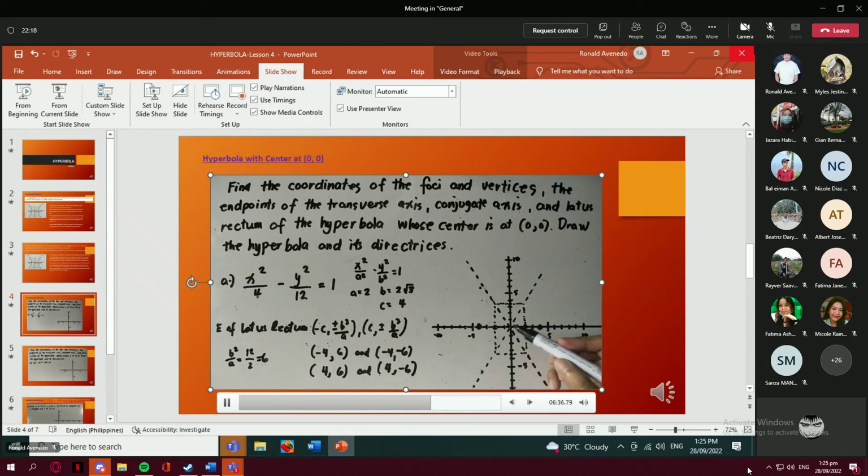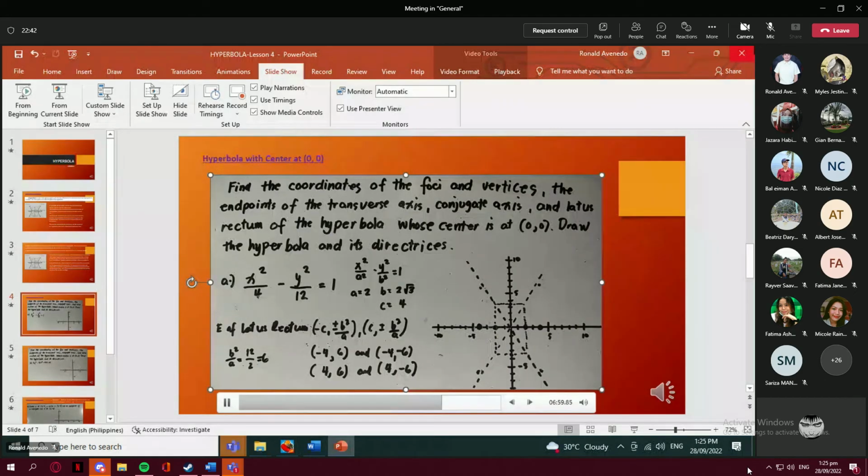Then 4, negative 6. The other one is 4, positive 6. Earlier it was negative, now positive. So, 4, positive 6.